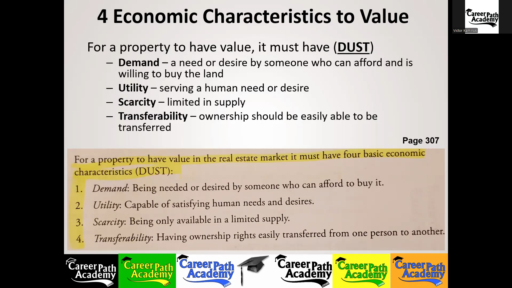You guys listening? Thinking? Is it utility? Utility, serving a human need or desire. You got 500 homes in the area. You're going to need a laundromat and convenience store, right? So yeah, utility would be correct.